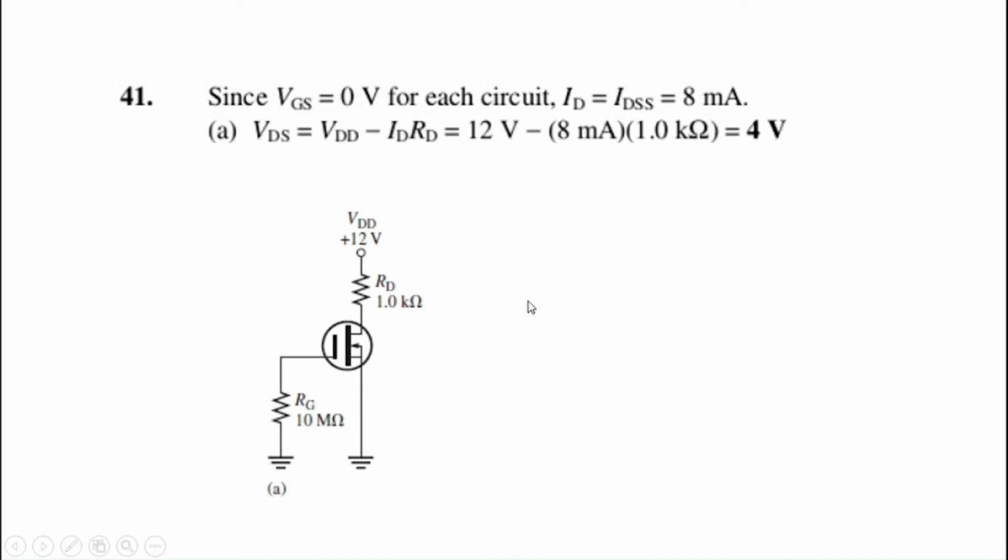VDS is equal to VDD minus ID RT. You can directly substitute the values. Your VDD is equal to 12 volts, minus your ID, which is 8 milliamps, equal to IDSS, and your RT is equal to 1 kilo ohm. You'll get VDS equal to 4 volts.